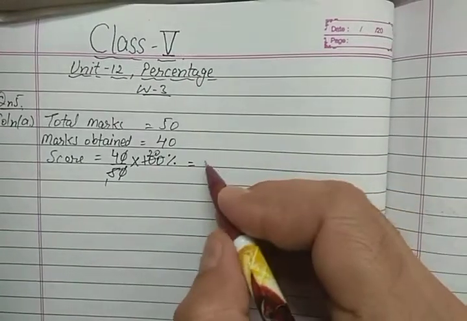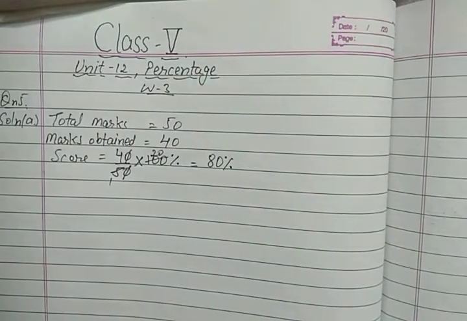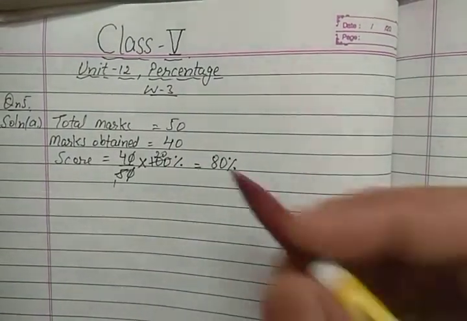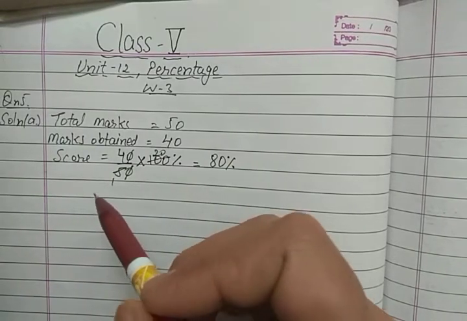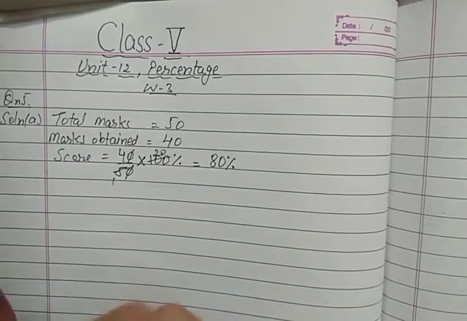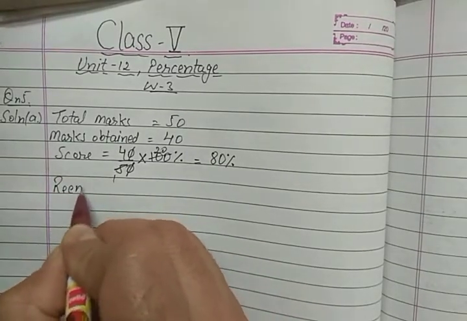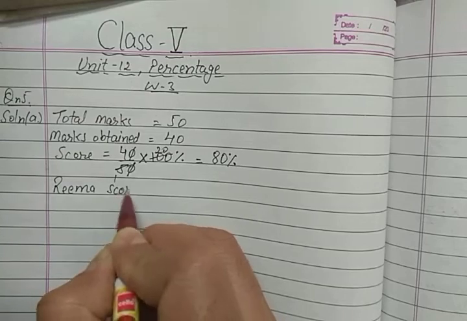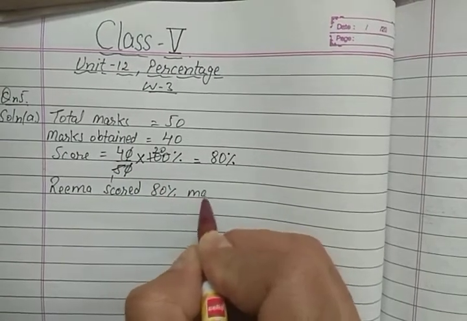So 4 twos are 8, it is 80%, right? So here the percentage of marks scored. So Rima scored 80% marks.